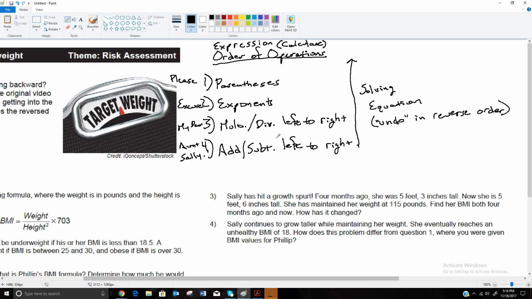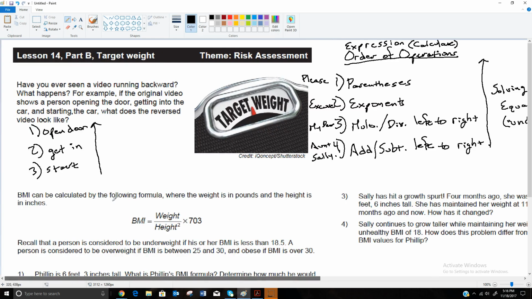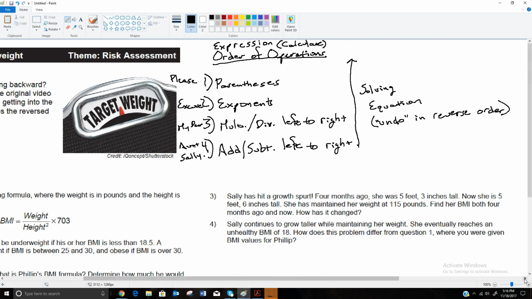So as we're over here with the rewinding the video, you're going to open the door, get in, start the car. When you're undoing that, when you're rewinding it, you're going to turn off the car, get out, and then close the door. So as you're solving the equation, if you see an addition, you're going to subtract. If you see a subtraction, you're going to add. You're going to do everything opposite of what it was, and you're going to do it in opposite order.